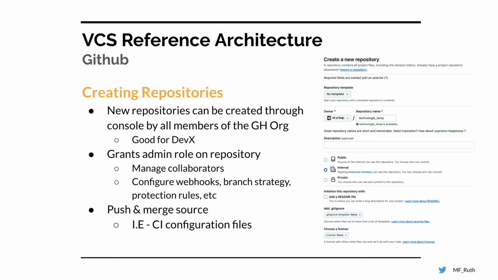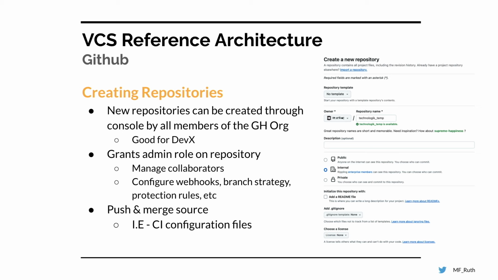First and foremost, if you are in sort of the beginning stages of your engineering function and your engineering maturity, 50, 100 or so employees, chances are your repositories are going to be allowed to be manually created by most of your users, right? This is good for developer experience. It means they can create any repository that they want. They can move quickly.